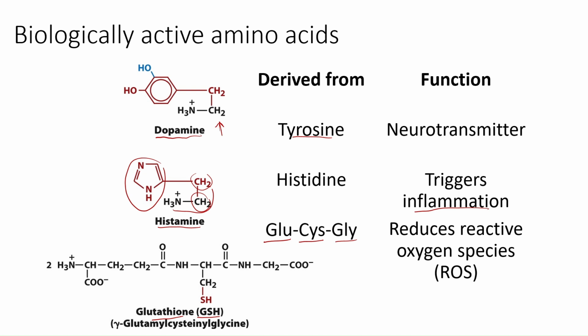So the way it reduces reactive oxygen species comes from the similarity to cysteine in the middle, where cysteine has that sulfhydryl group, which is just like the center of this glutathione molecule. If you have 2 glutathione molecules, just like with cysteine amino acids, you can have an oxidation reaction where you form a disulfide bond in between the 2 glutathione molecules.